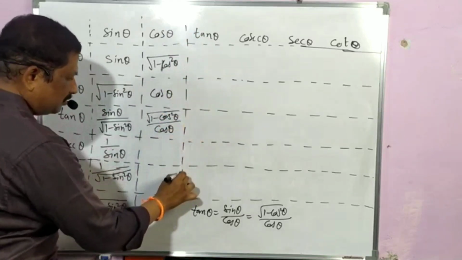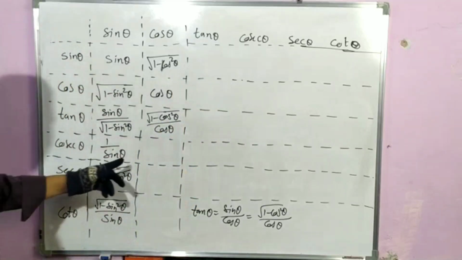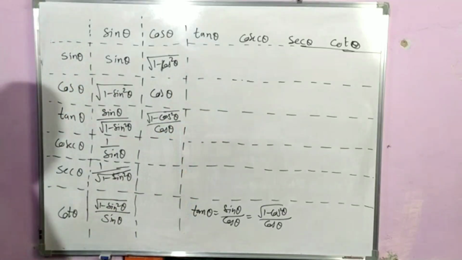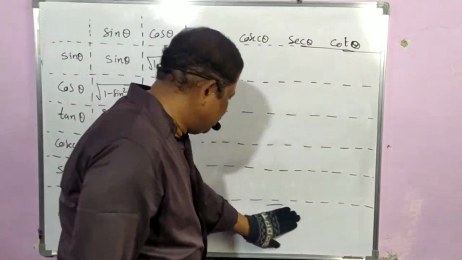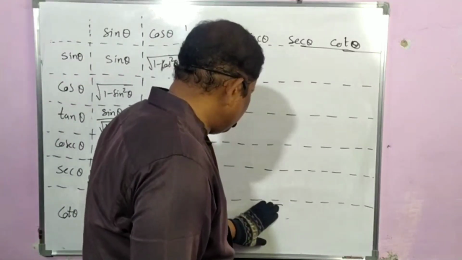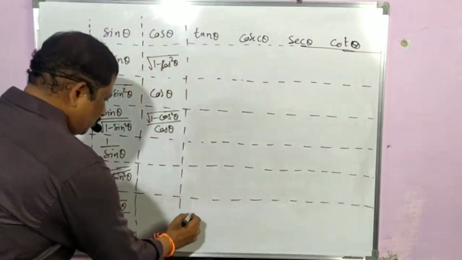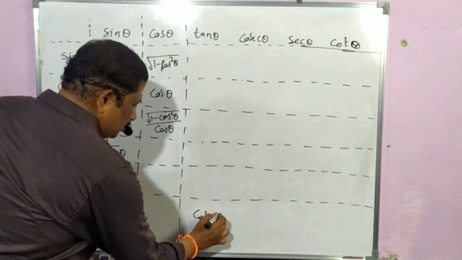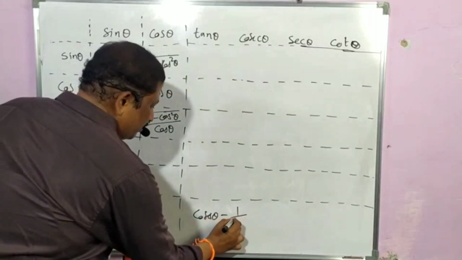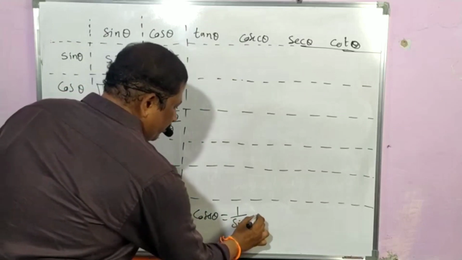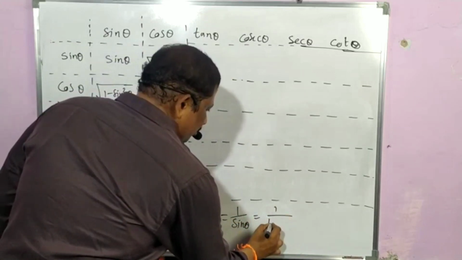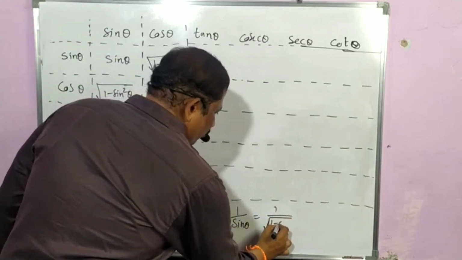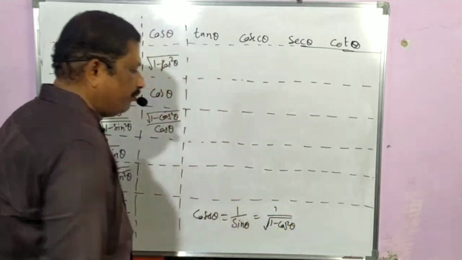So next, cosecant in terms of cos. Cosecant theta is the reciprocal of sin theta, and sin can be written as under root 1 minus cos square theta.